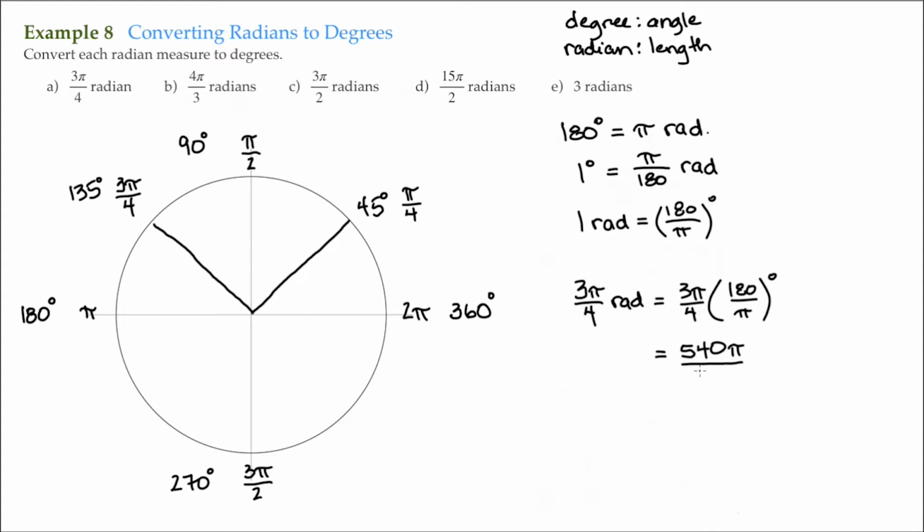And 4 times pi, that's 4 pi. Common factors will cancel each other, so the pi's will cancel. And 540 divided by 4, that's 135 degrees, which is what we figured using a unit circle anyways. So for A, this is 135 degrees.